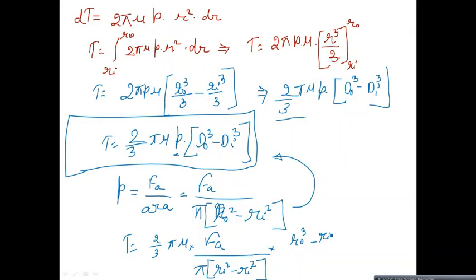T equal to 2 by 3 into pi into mu into Fa divided by pi R naught square minus Ri square, into R naught cube minus Ri cube.